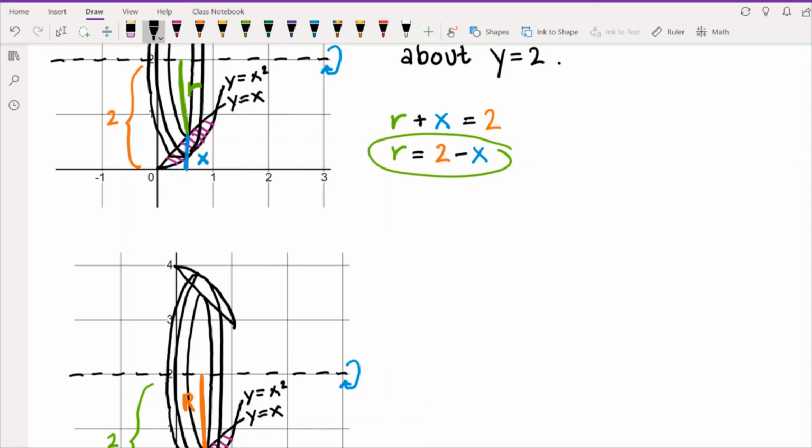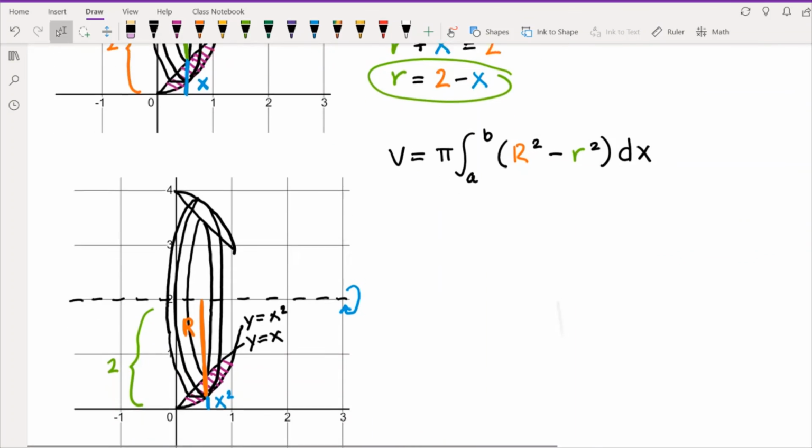So we're going to have the volume is equal to pi times the integral from a to b of big R squared minus little r squared dx in this case. Okay, so let's just put in the values that we found.